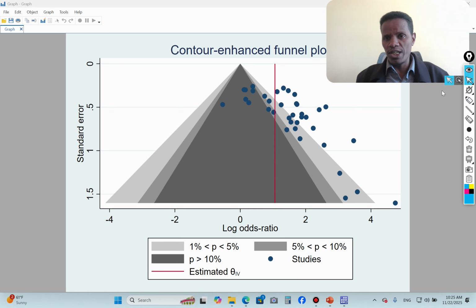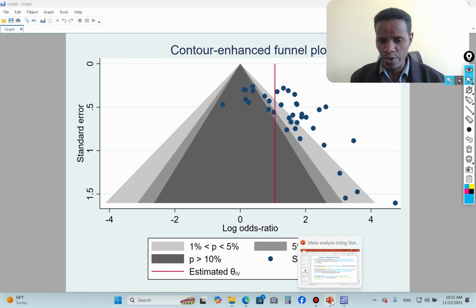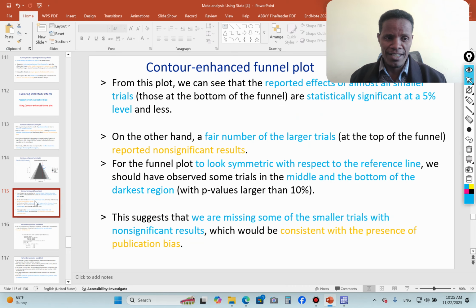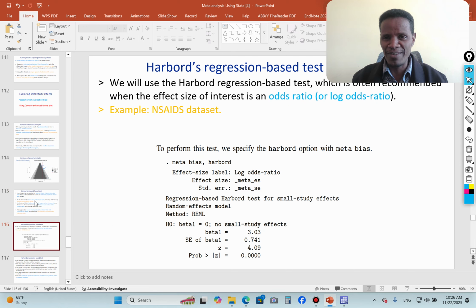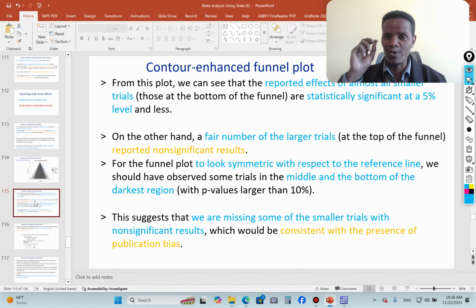So this is how to assess publication bias using a contour-enhanced funnel plot. This is what I wanted to show you here. In the coming videos, I am eager to show you more. Actually, the standard funnel plot and contour-enhanced funnel plot assessments of publication bias are subjective because they are graphical displays.